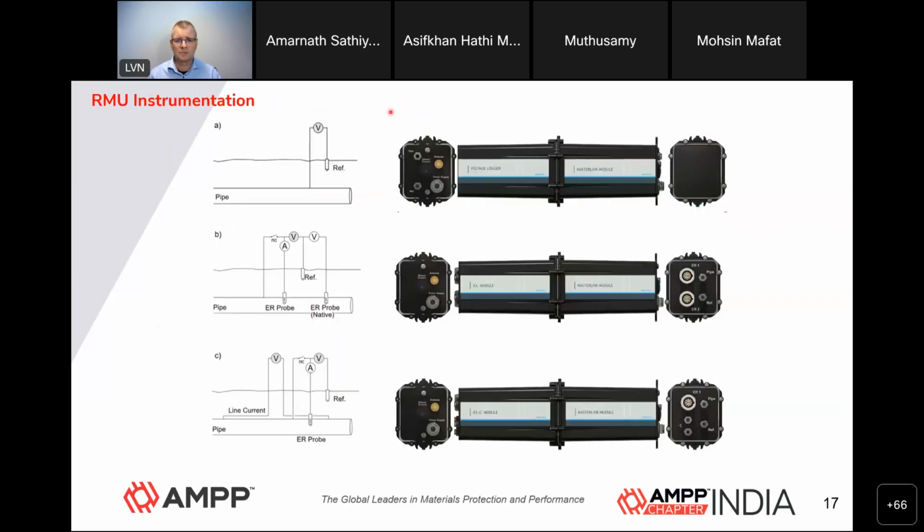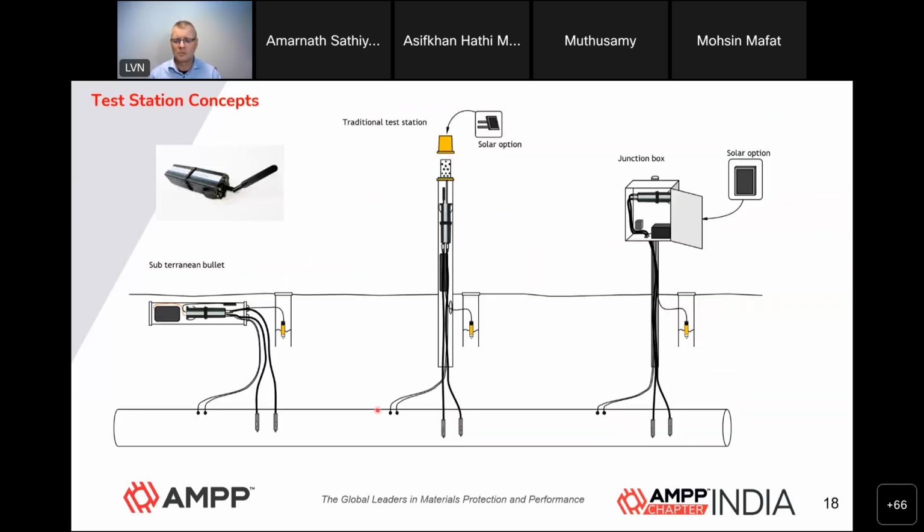These are the instrumentations that we use. We have 3 different kinds of instrumentation. Don't want to get too much into that. The test station concept, this data logger can be fit into different kinds of test stations. We have a big traditional test station, could be with a solar option. It could be a junction box.